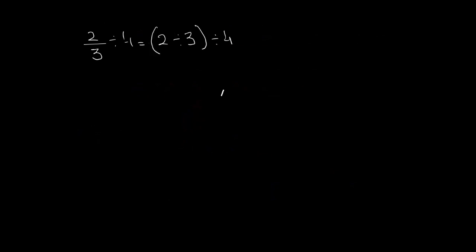We have talked about this earlier, that when you have repeated divisions, you can interpret it as 2 divided by 3 times 4, and that is just equal to 2 over 12, right? It's very easy to see that this is true.